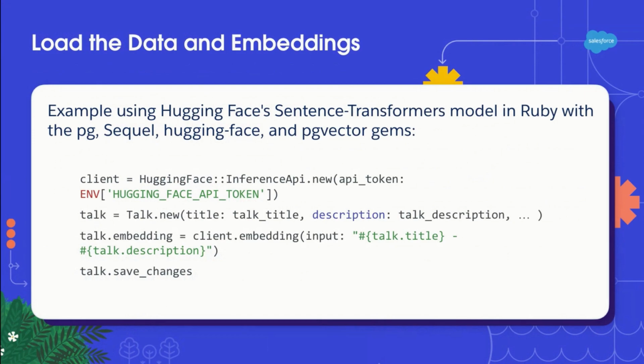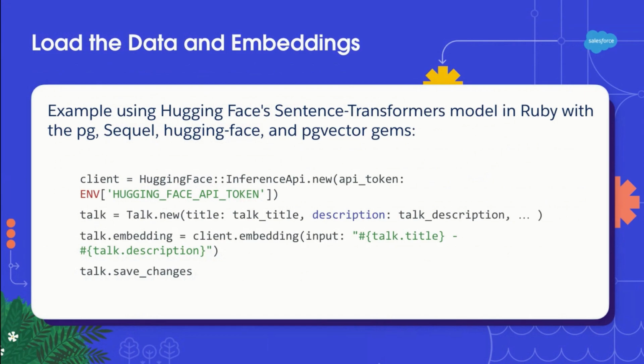But there are pretty equivalent tools that you could use in, say, Python or other languages to do the same thing. So here, I'm creating a Hugging Face client with my Hugging Face API token, which you can actually get for free.